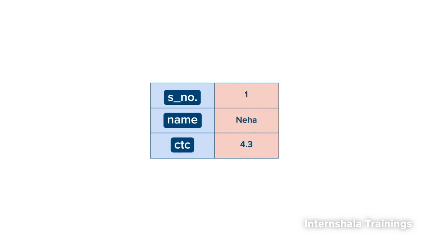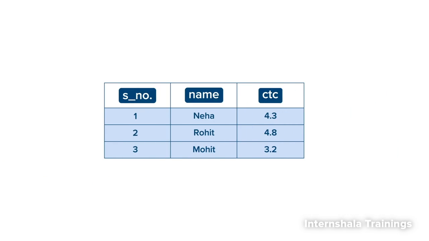Also, the single row of data that is fetched is in the form of an associative array with the table attribute names as the keys and the corresponding data stored as the values. So, the next time we use this PHP function, it will fetch the second row and move the pointer to the next row. Similarly, the function fetches all the rows and when there is no row left, it returns the value as false.